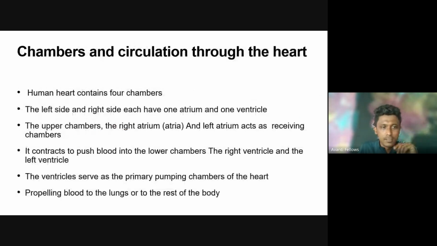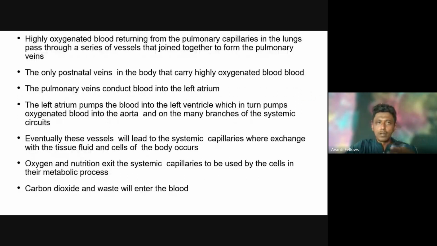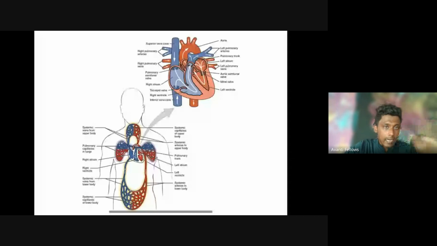Coming to the anatomy of the heart. We know that our heart is divided into four chambers: the upper chambers are called receiving chambers, and the lower chambers are called pumping chambers.